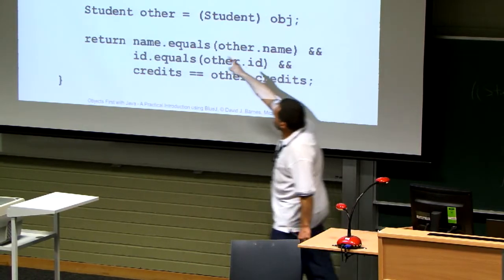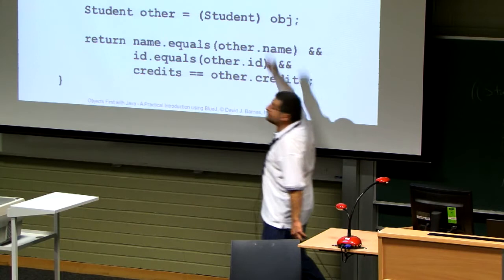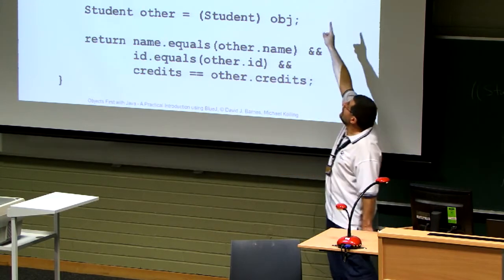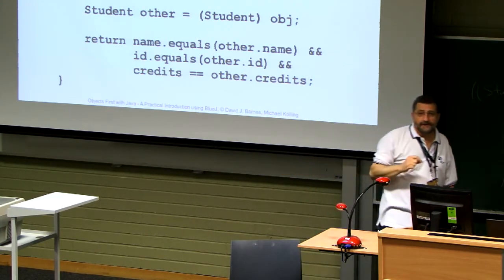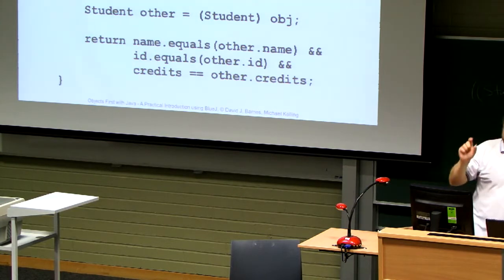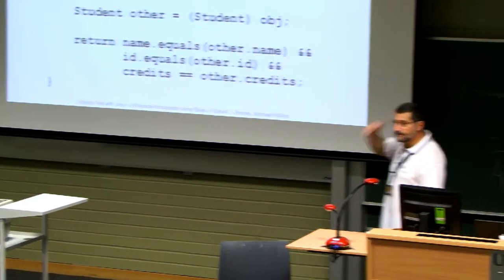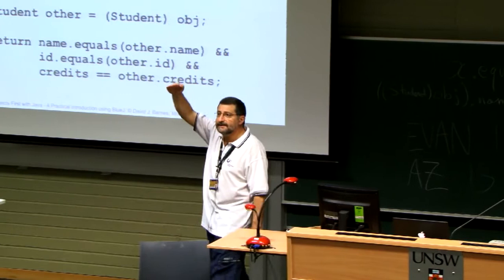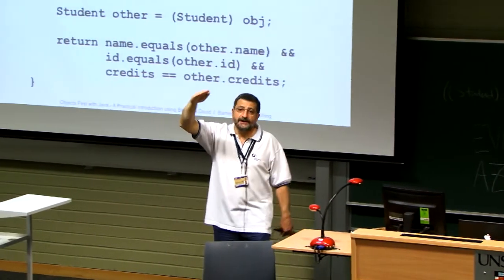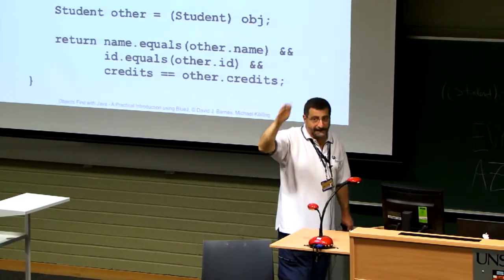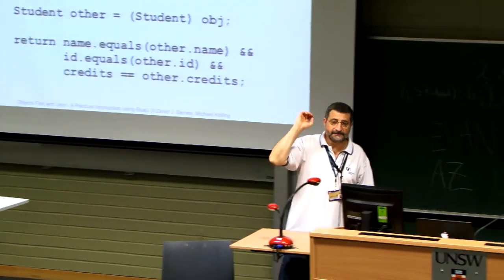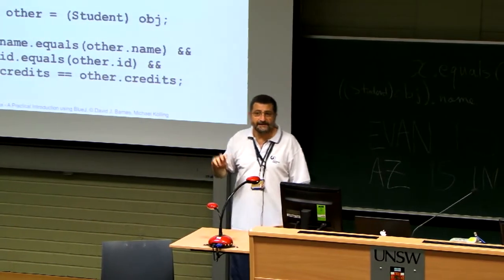Right, so we're saying, is obj an instance of Student? Because remember that the obj variable, because we've declared it to be Object, Object is at the top of the inheritance hierarchy. It means that obj is allowed to belong to any class at all. It can be a dog, a cat, doesn't matter.